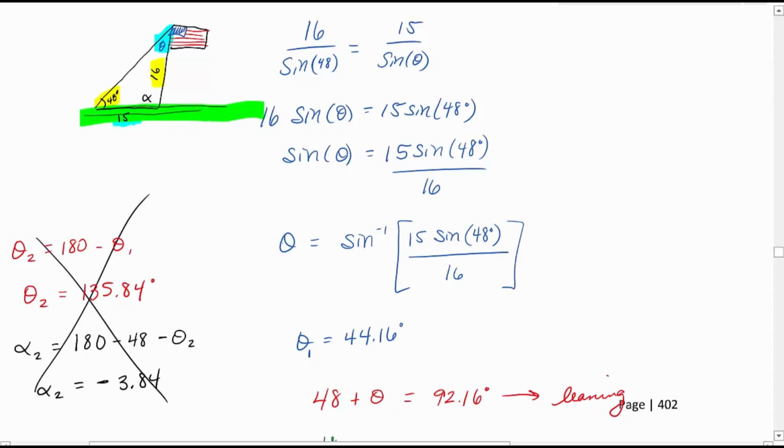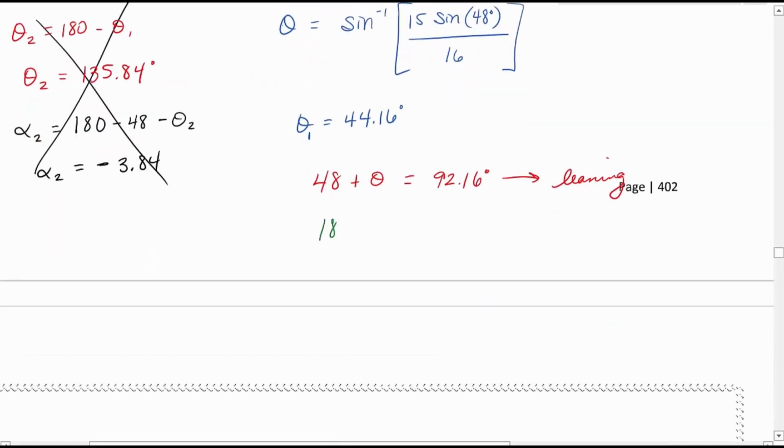Really what we're finding is this angle right here, so let me put my grass back. 180 degrees minus 92.16 degrees. Our flagpole is making an angle of 87.84 degrees with the ground, rounded to the nearest degree, 88 degrees.